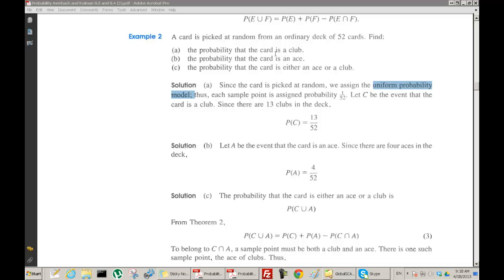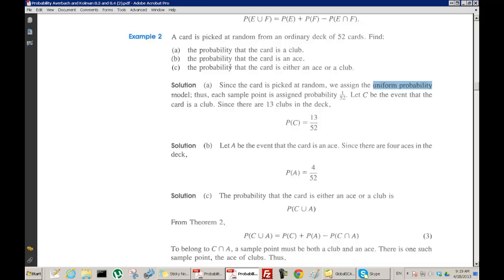Since there are 13 clubs in the deck, there are n of C elements in C, and 52 elements in the sample space. So the probability of C is equal to n of C divided by n of the sample space. We can use that because we are assuming uniform probability. Okay, so here's the answer.